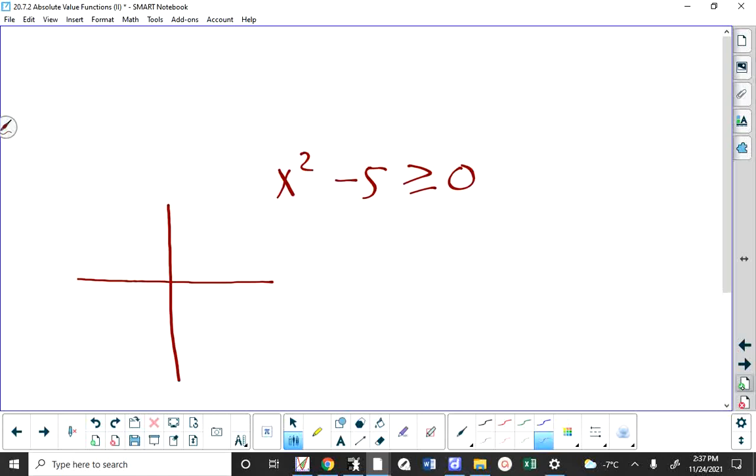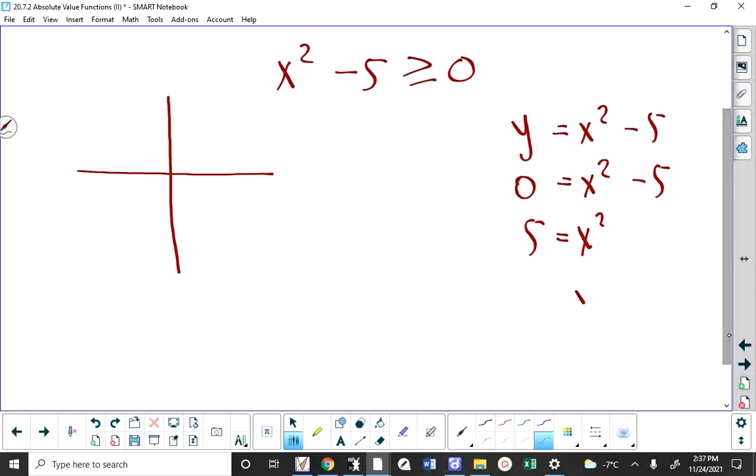So for example, if I were to look at y equals x squared minus 5, which is not the question, and I solve this for an x-intercept by letting y equal 0, I can write x squared equals 5, which means the x-intercepts are plus or minus root 5.